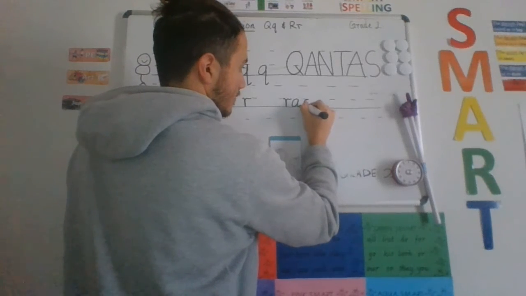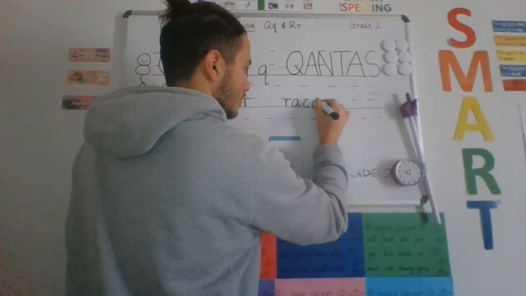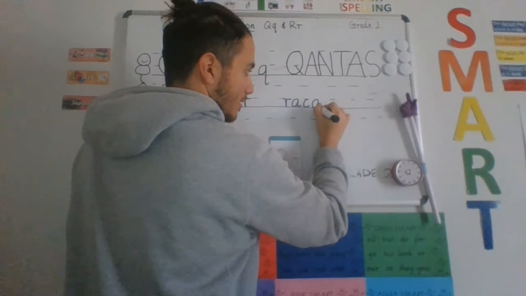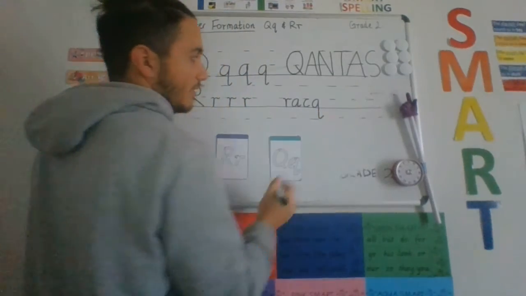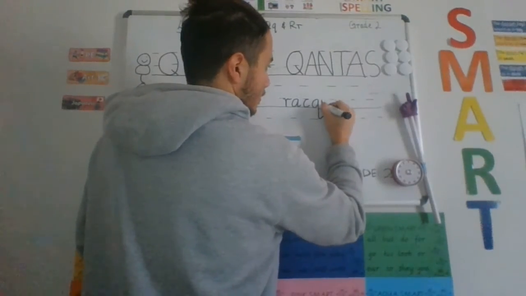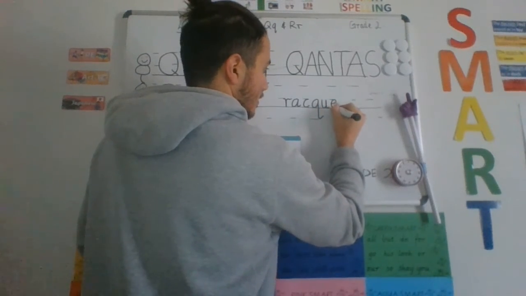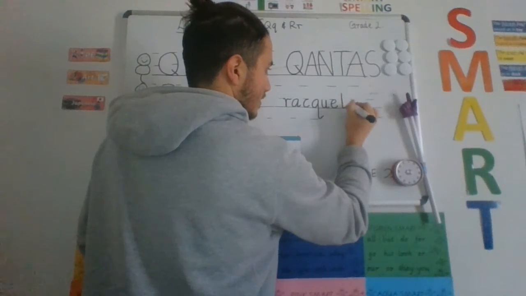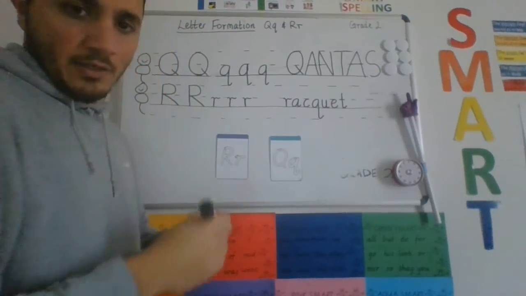R-A-C-Q. Look at that. Looks like my a there. Then we keep going down and give it a diagonal ending. Q-U-E-T. T, which goes higher than the body, but not quite to the capital line.